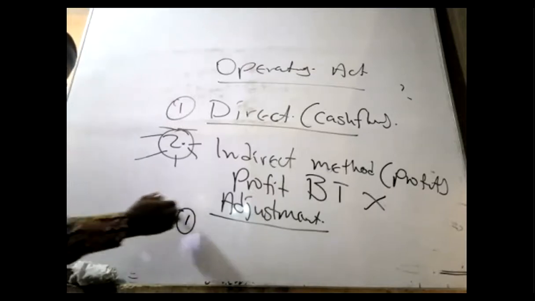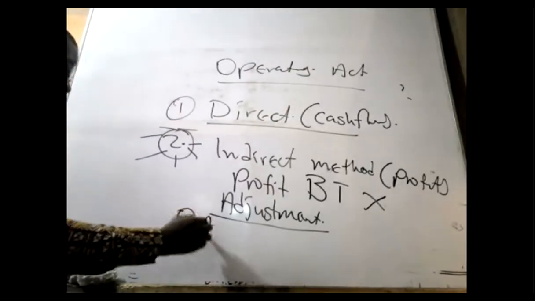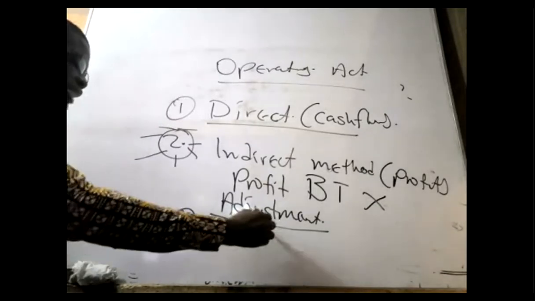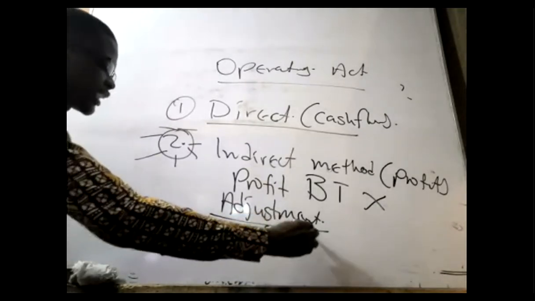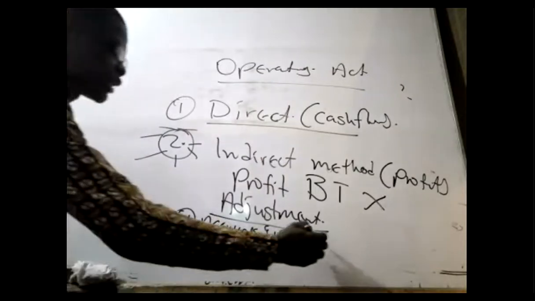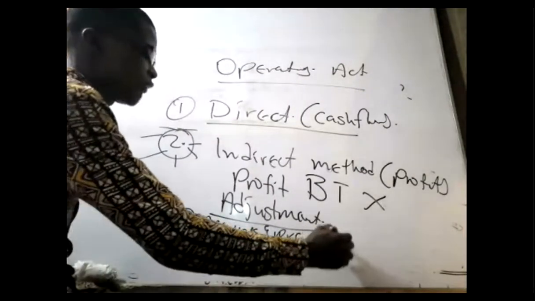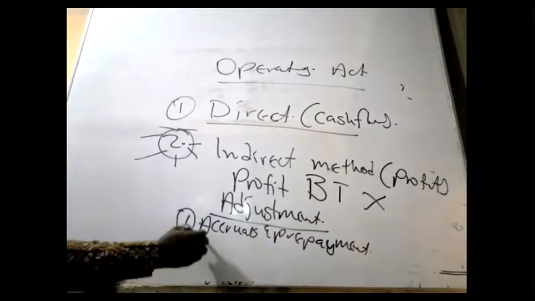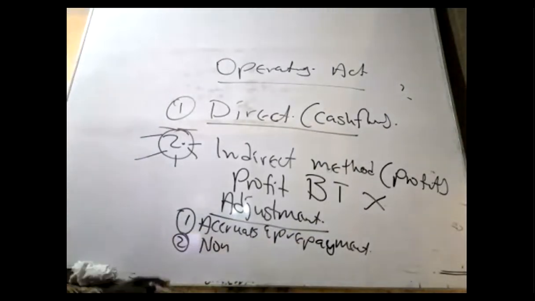Number one, I am going to adjust for accruals and prepayments. So check the footnote whether there are accruals and prepayments that affect the profit. Number two, I'll check whether there are non-cash items. That one, yes, plenty.